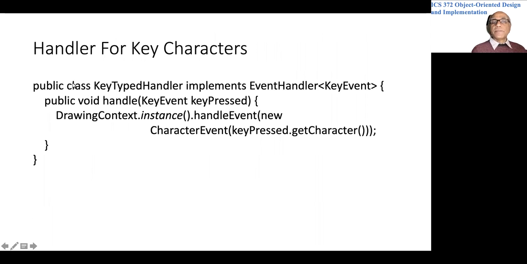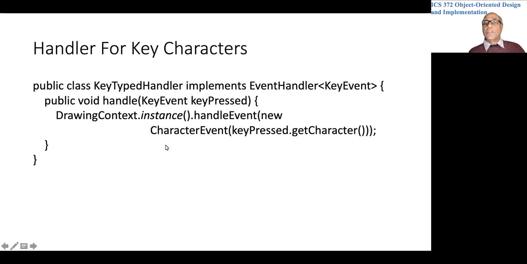Then for handling character typings, we have a separate handler. So this gets the exact character that was typed and creates a character event with that as the parameter to the constructor.